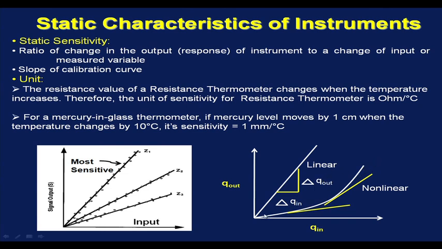This is a calibration curve for a nonlinear instrument, where the output follows a nonlinear relationship. Here, the static sensitivity can be defined at different points by the slope at that point.